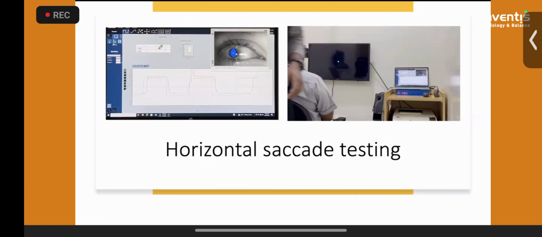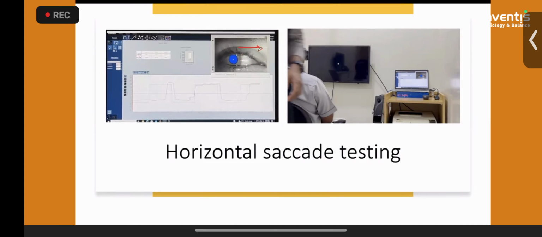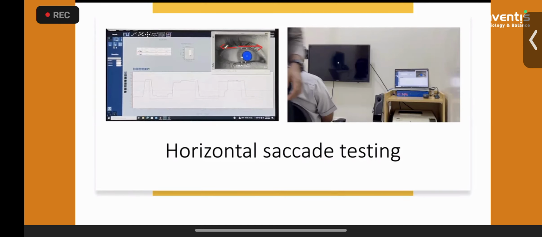Now, last time we discussed how saccadic testing is performed. If you look here, the eye is moving to the left, then moving to the right, and you can see the saccadic graph from left to right here. Then it is maintained steady here, and then it goes from right to left. The stimulus is moving.